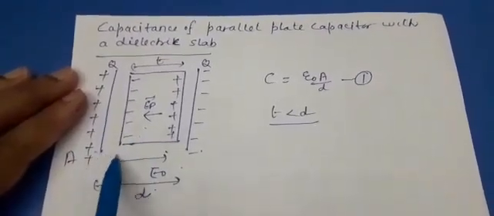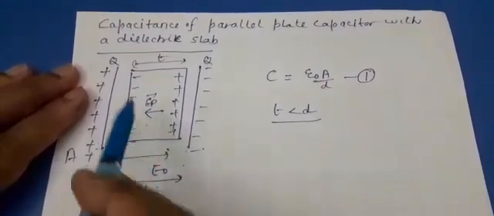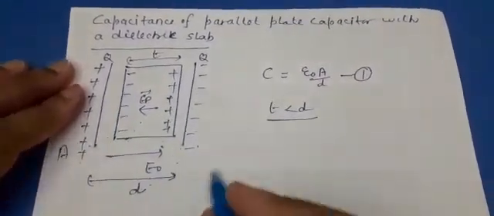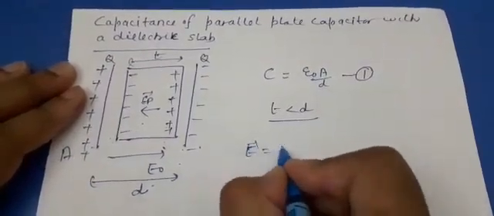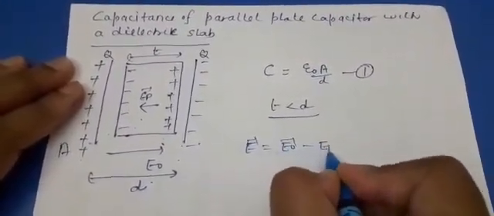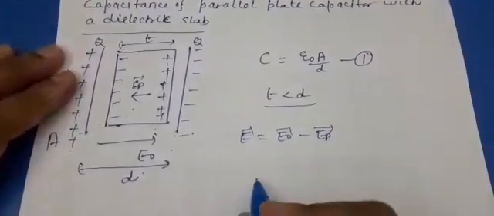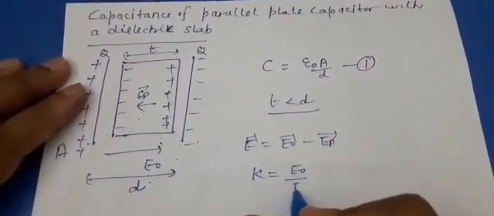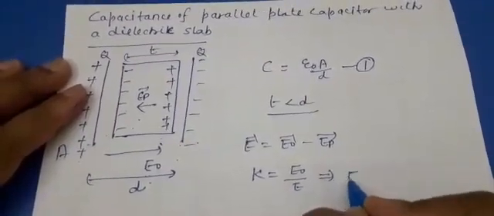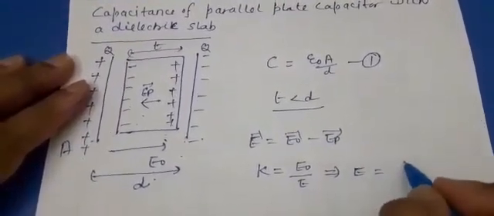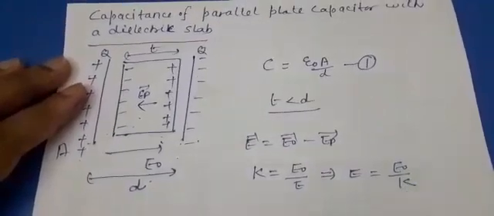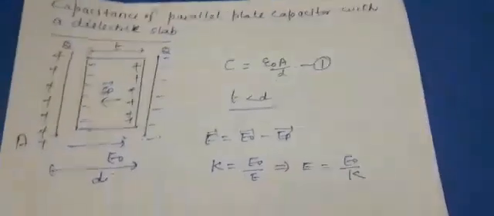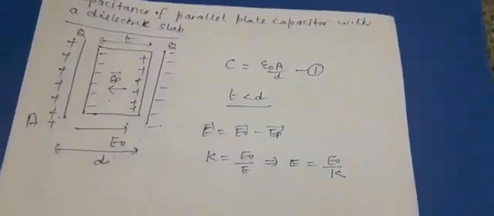See, E naught is the external field acting here, but in between, EP, the induced field, is acting in the opposite direction. So the net field will be E naught minus EP. Now we know that K, the dielectric constant, is E naught upon E. So the resultant reduced field will be E naught upon K. We will use this result. Now we have to find the capacitance when a dielectric slab is introduced.